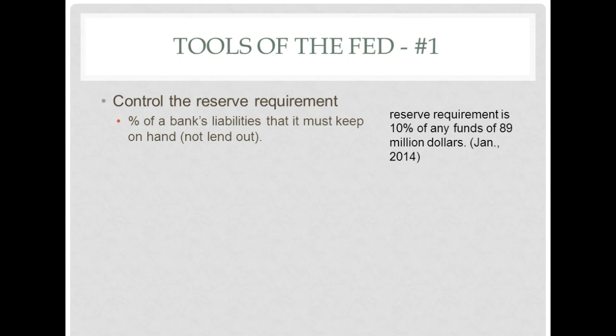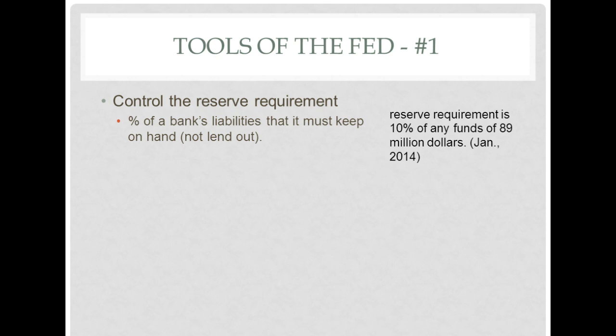The reason is that it helps stop people's fears about the bank not having their money. One of the things that's caused bank runs in the past is that people would show up at a bank and the bank would literally be out of money that day and couldn't give them money. To help avoid that, the Fed says you must keep a certain amount in your bank at all times.